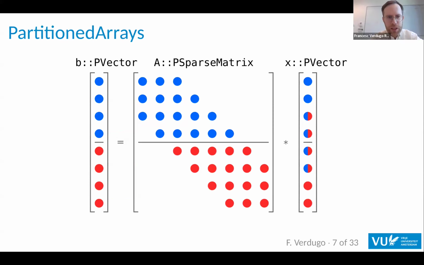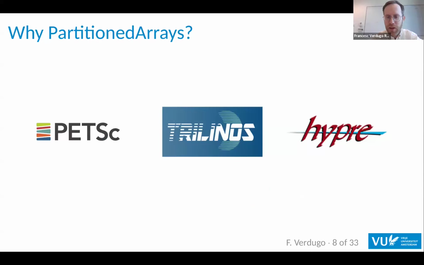Now, at its core, PartitionedArrays provides two basic data types: a distributed vector called PVector, and a distributed sparse matrix called PSparseMatrix. You have some representation of these objects that allows you to distribute your computations among different MPI ranks. At this point, you can think, okay, this kind of functionality is not truly new in PartitionedArrays. It is already available in other libraries, right?